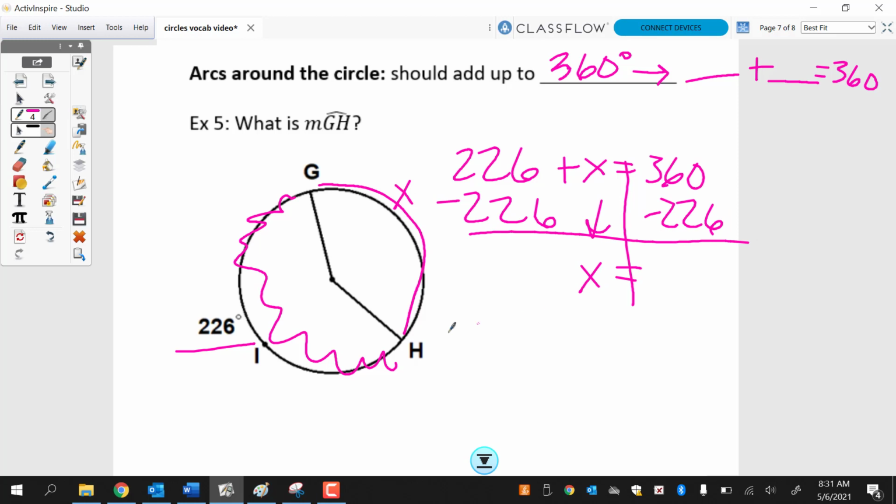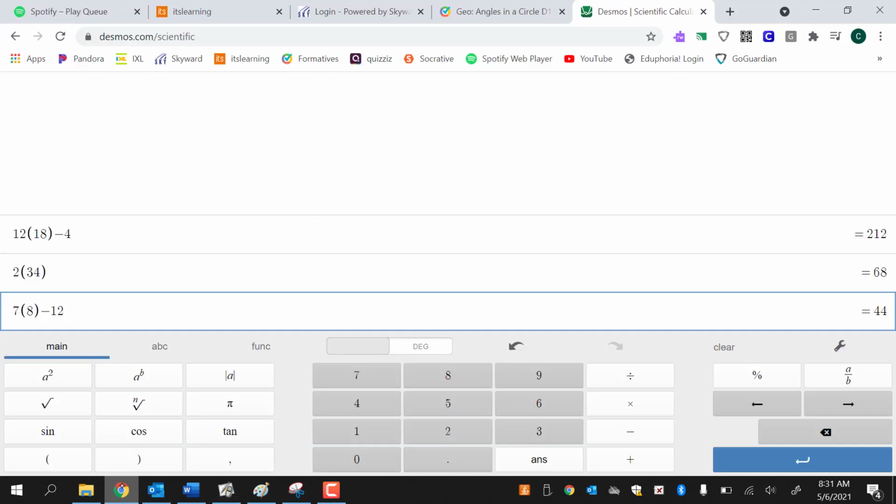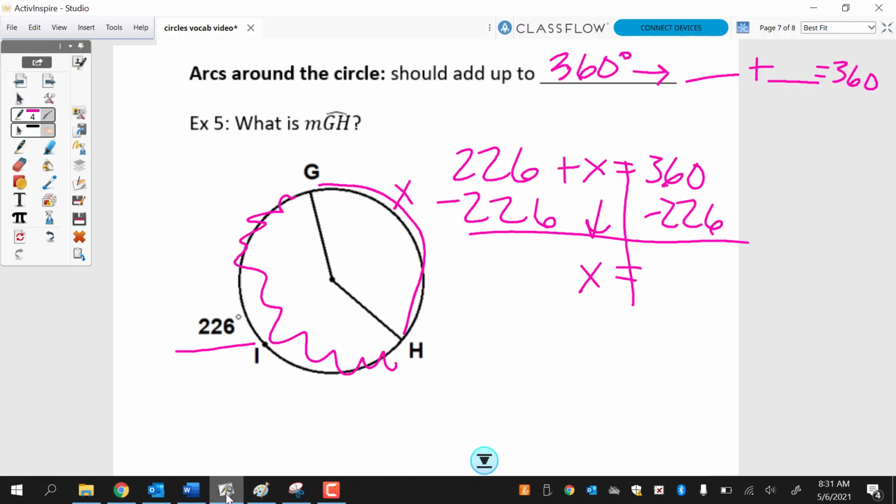And we're going to get X. I don't know what this is, so let's type it in. 360 minus 226 is 134. So that means this arc right here is 134, and that's what they asked for. So I'm good. Okay?